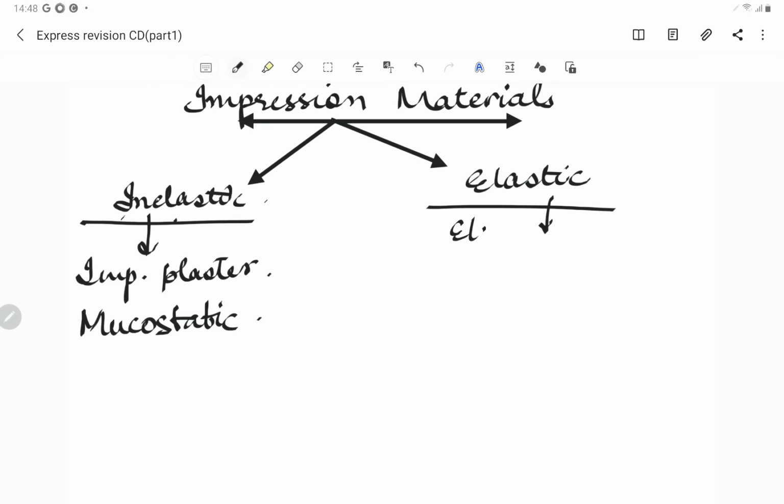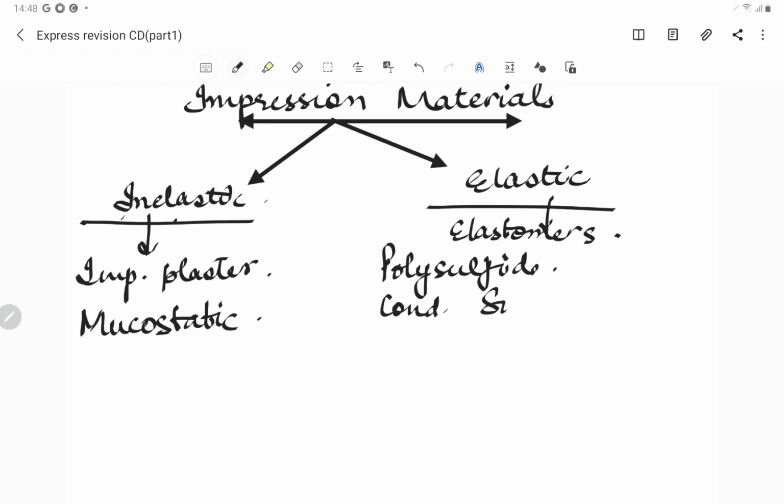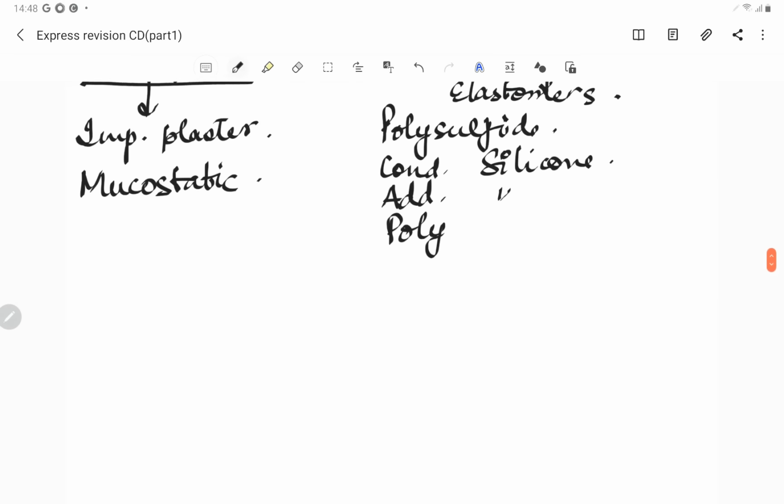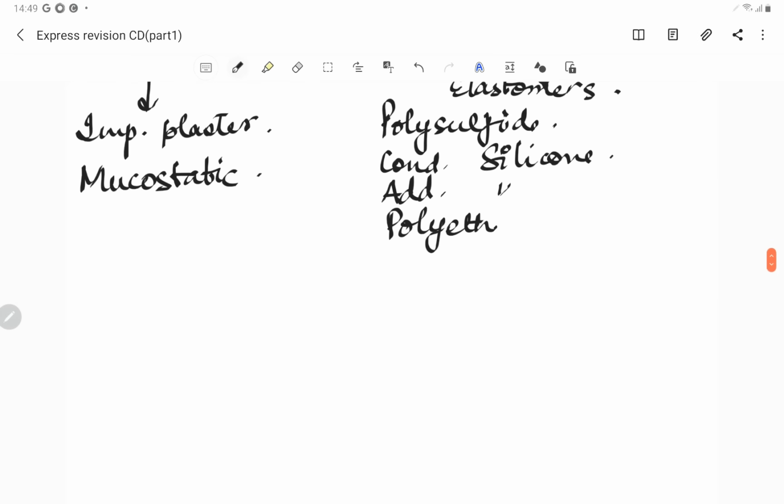All the elastomers, like polysulfide, then condensation silicone, then addition silicone, then polyether, will come under elastic impression materials, right.